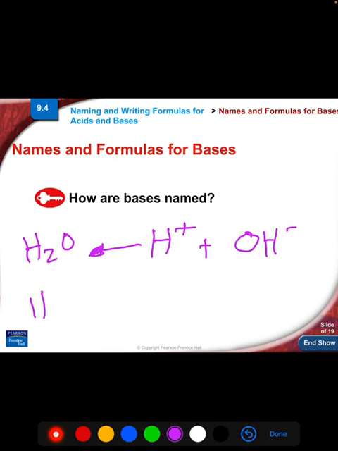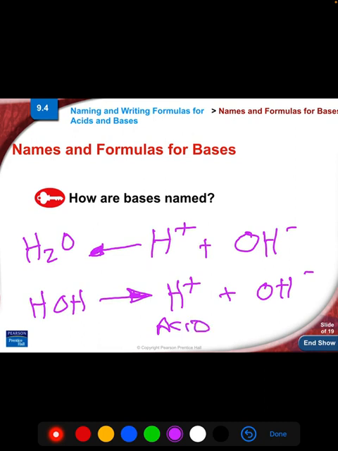I sometimes write water HOH to indicate that water itself can break down and dissociate into hydrogen ions or protons plus hydroxide ions.